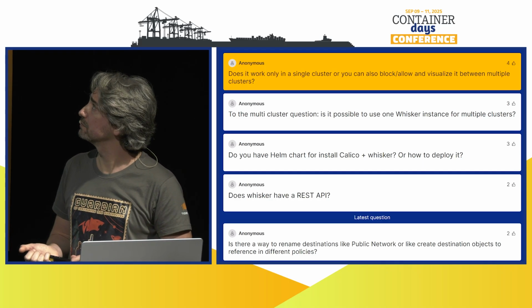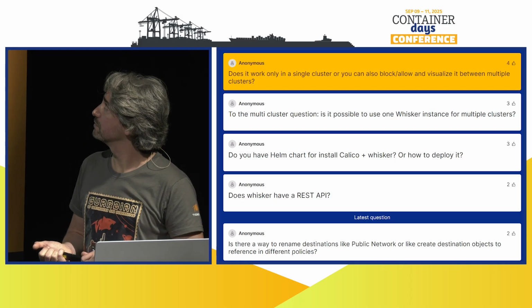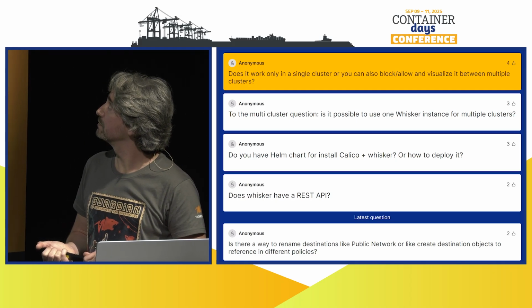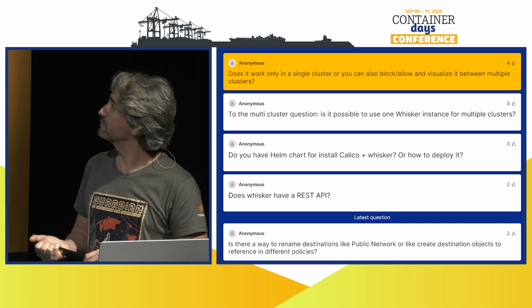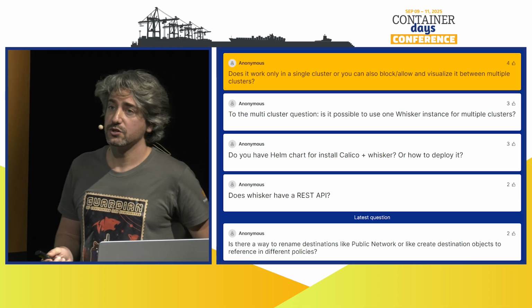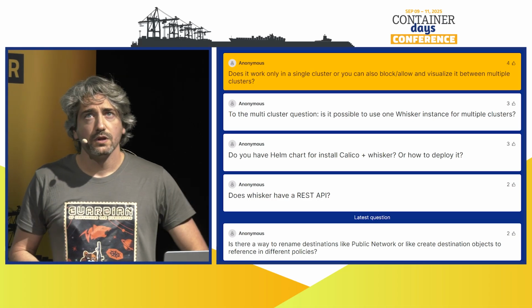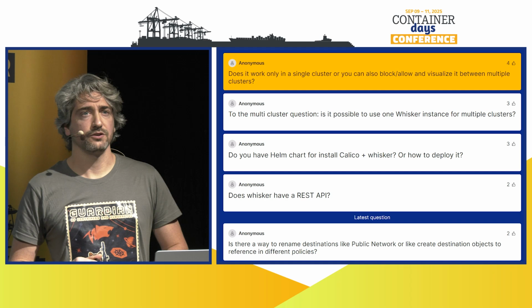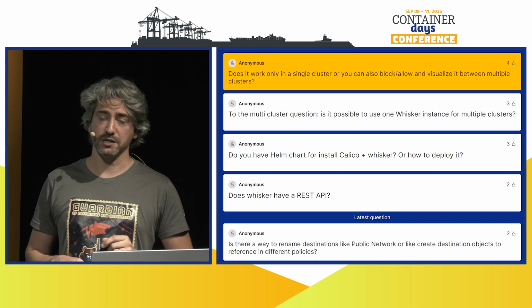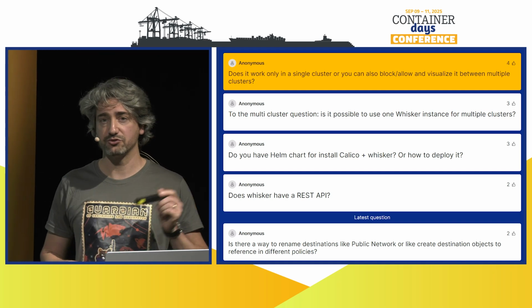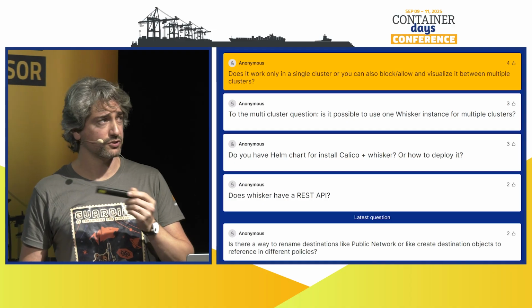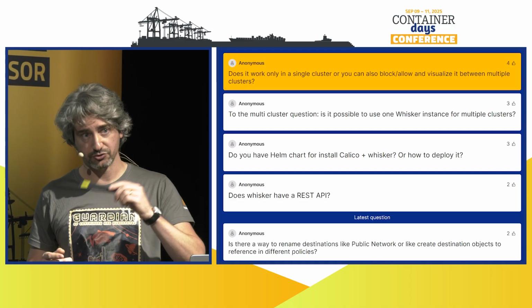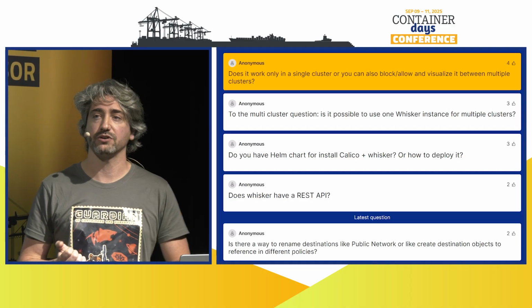Does it work only on a single cluster, or can you also block, allow, and visualize between multiple clusters? That's a very, very good question. So with Enterprise, you can manage multiple clusters at the same time, and you can restrict the traffic that leaves and goes to the other cluster, the traffic that goes among your clusters.